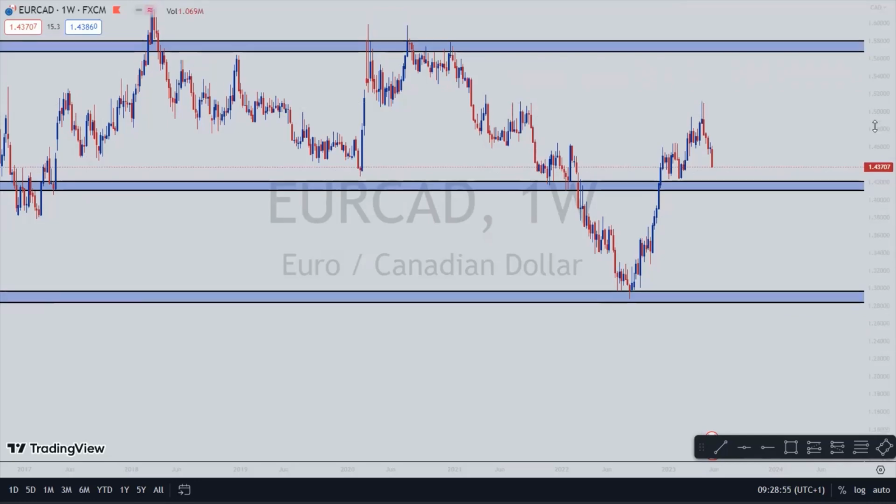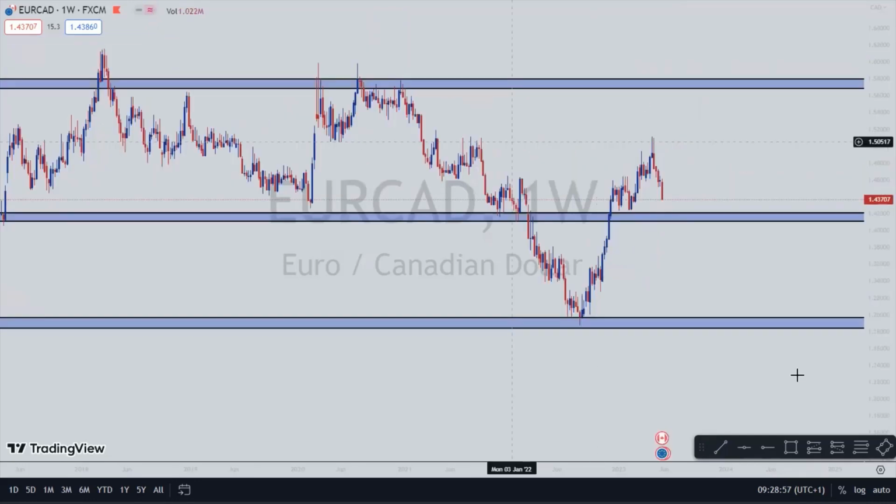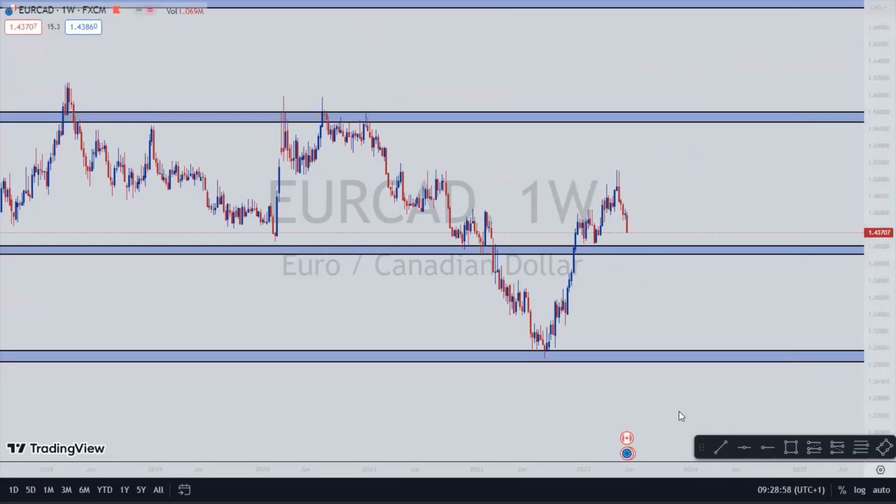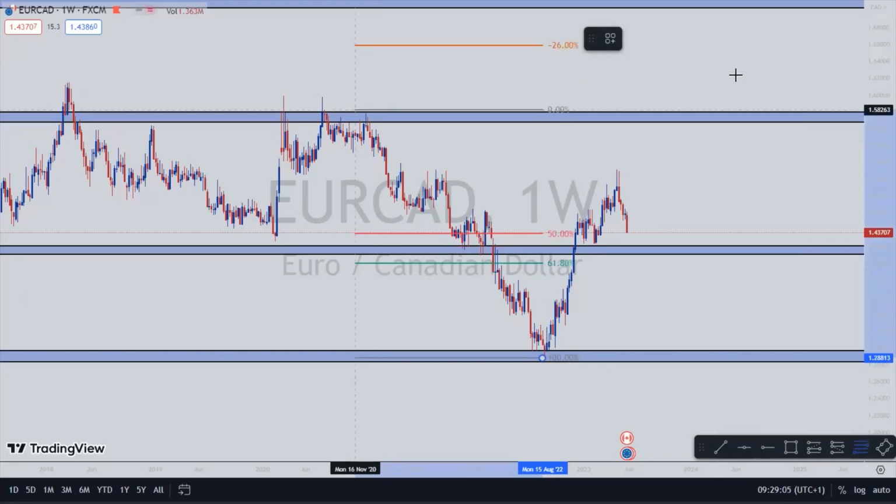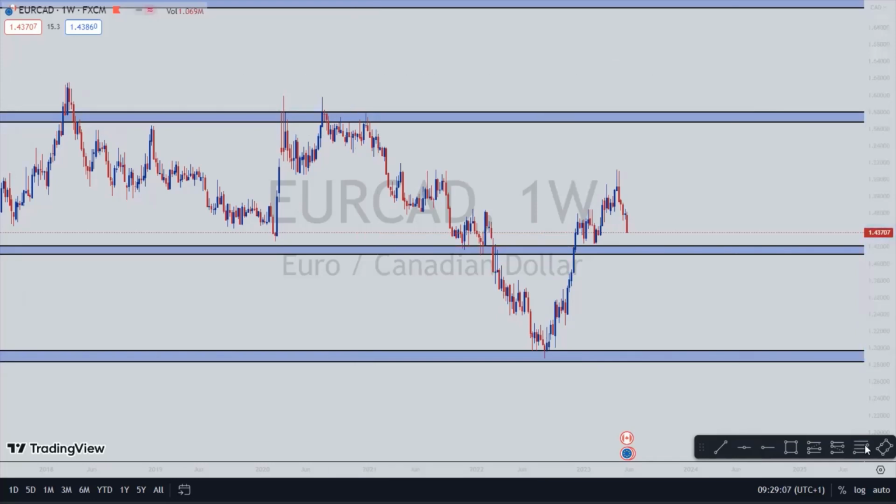The first thing I did when I came here was to look at the Fibonacci and see what it tells me. Let's look at the Fibonacci from swing high to swing low.